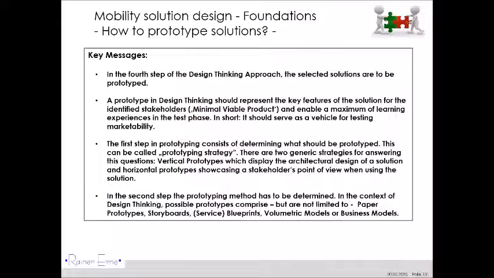Then you can use different strategies for prototyping. The first strategy is a vertical prototype, which makes a cut through the different layers of a solution or the different stakeholders, as I have shown you, but also horizontal prototypes which follow the way or the journey of a customer together with the solution.